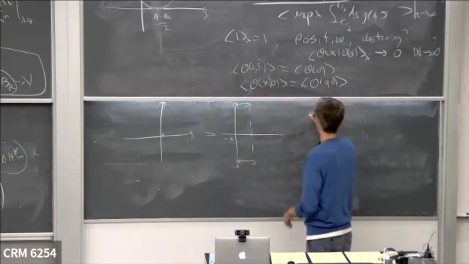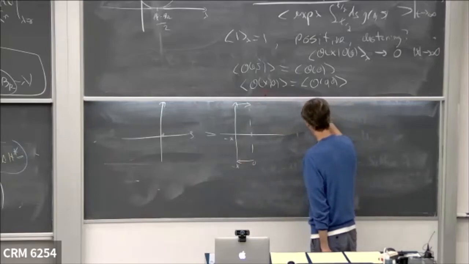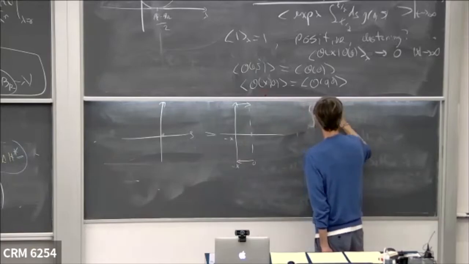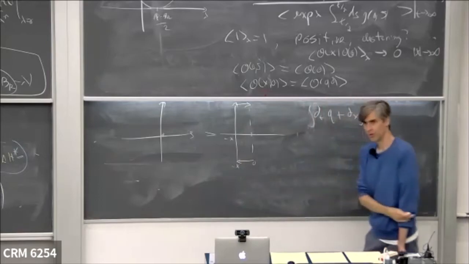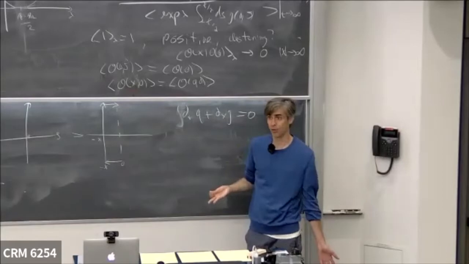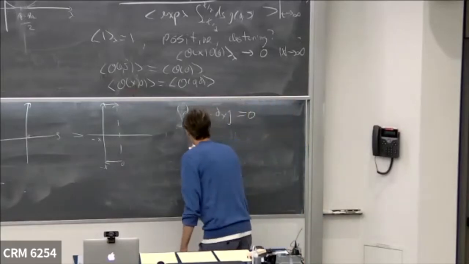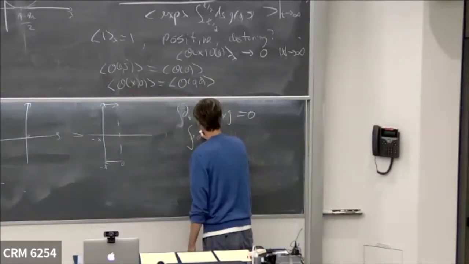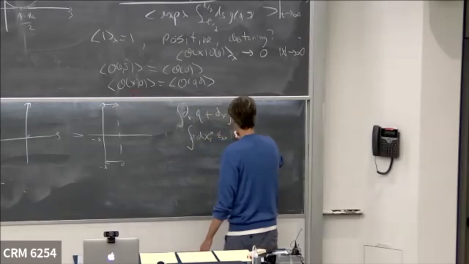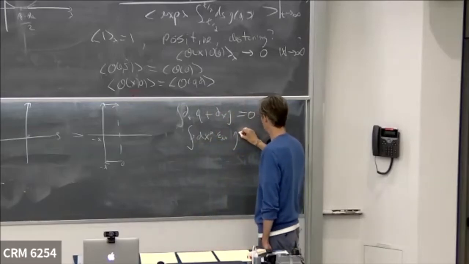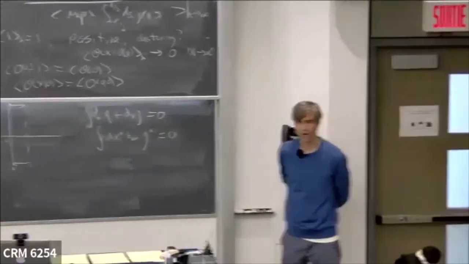In other words, I'm using dtq plus dxj equals 0 in the integral form. So the integration over the contour dx mu epsilon mu j nu is 0.